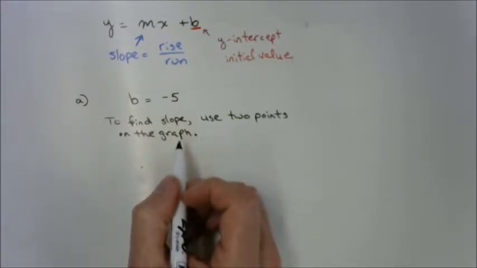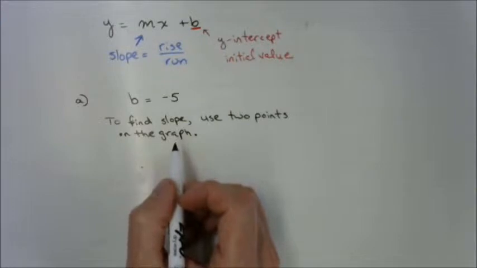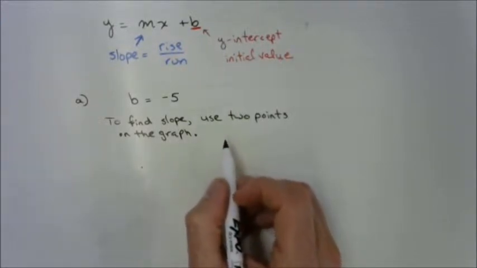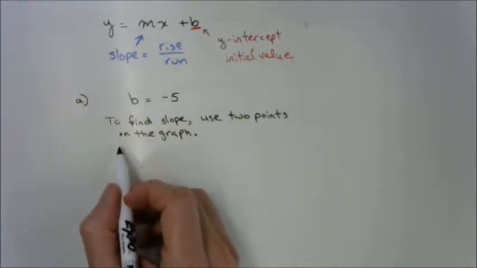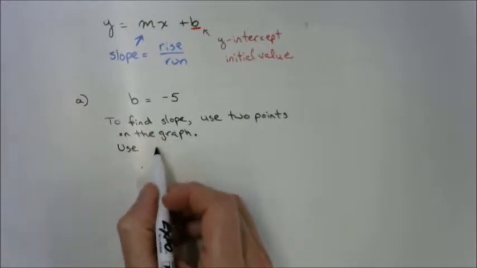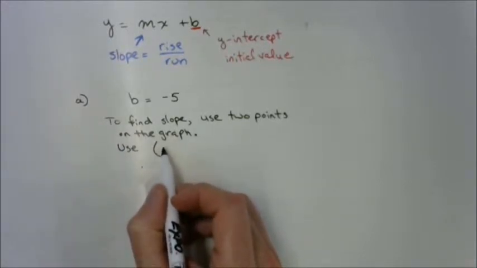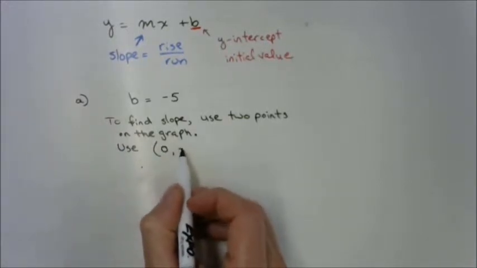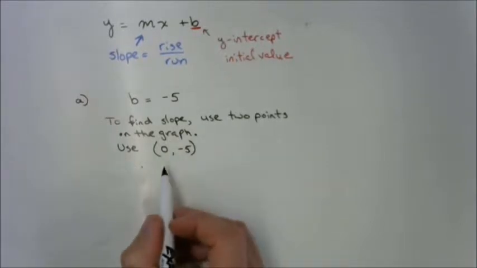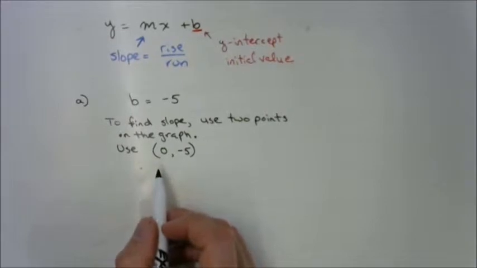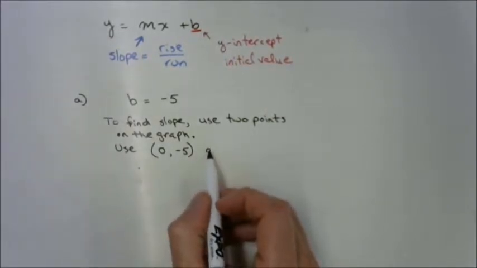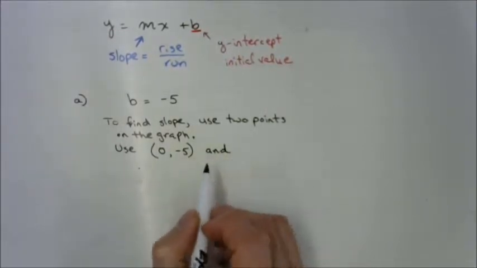Well, we already know the y-intercept, so why don't we use that point as one of our points? That point, remember, is x is 0, y is -5. That's how you name a place on the graph. Can you look at the graph and choose another point that we could use?